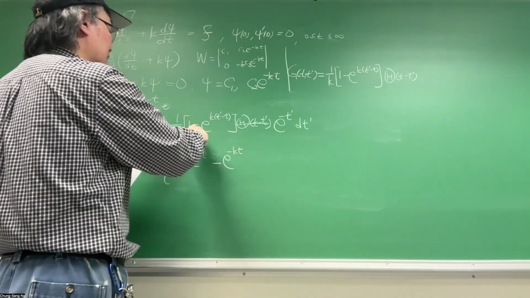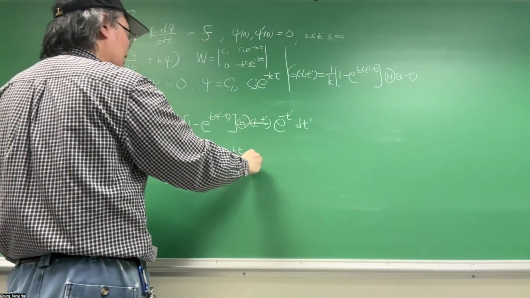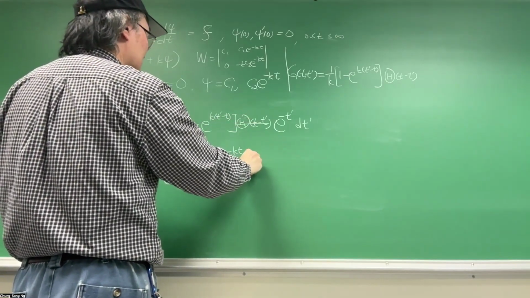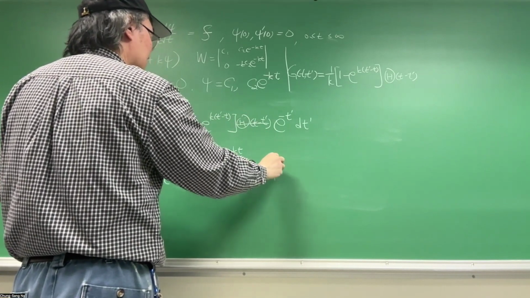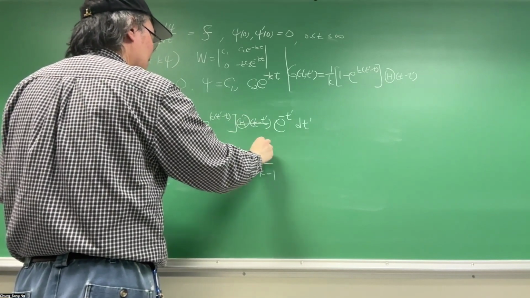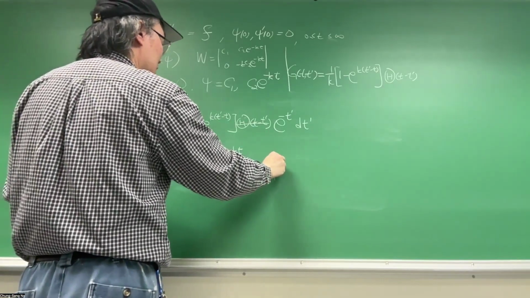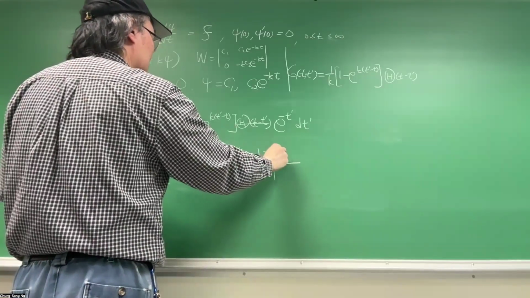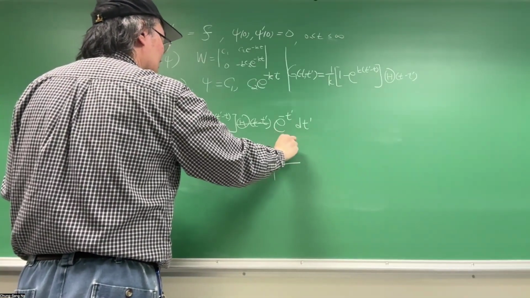And also it's a minus sign. So you integrate e to the (k minus 1) t pi, and then evaluating at the two limits comes 1 minus e to the k minus 1.